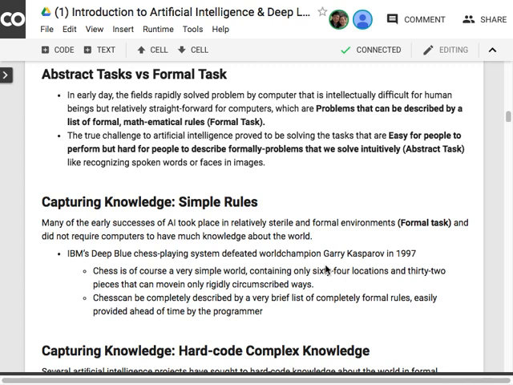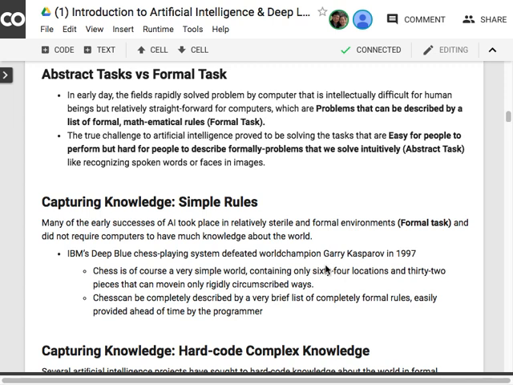The tasks that we can provide to computers can be divided into two kinds. The first one is an abstract task, and the second one is a formal task. In the early days, computers could rapidly run according to commands very precisely and accurately.